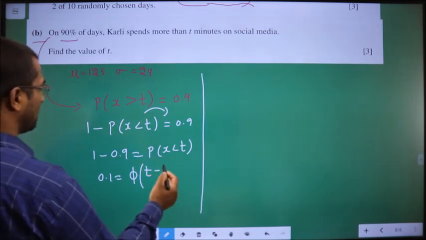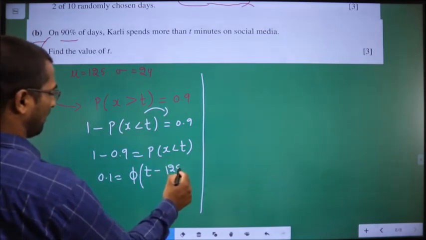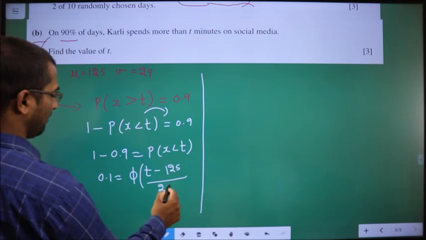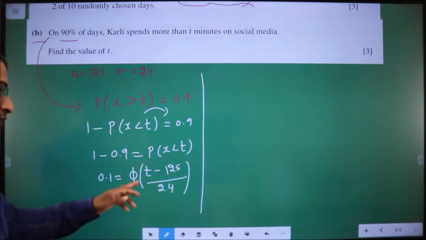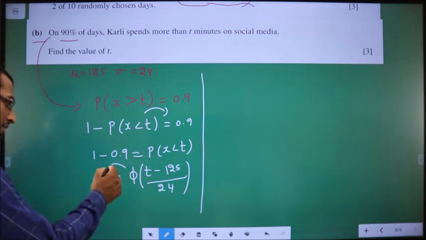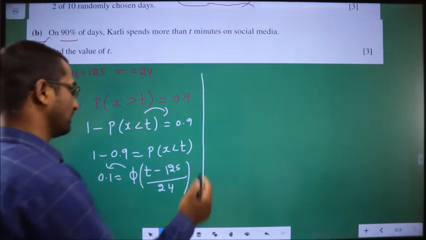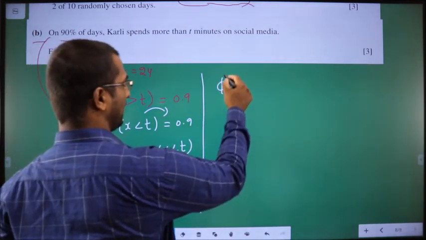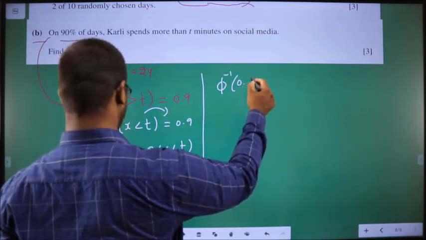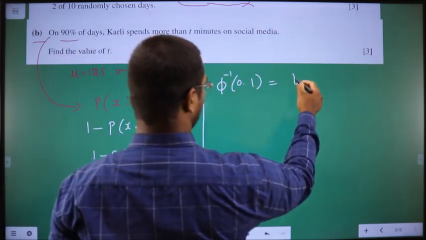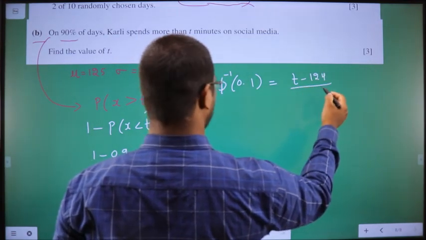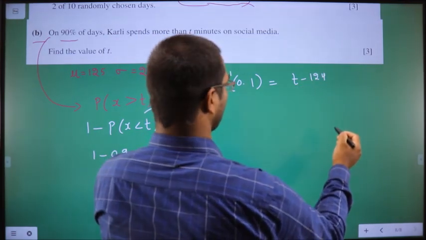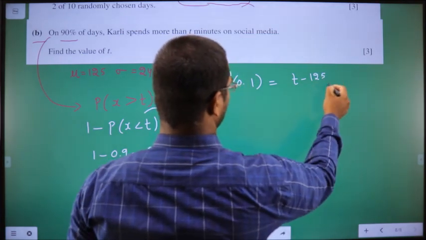T minus mean 125 by 24. Okay. Now to make T the subject, first I need to shift phi to the other side. So it will become phi inverse of 0.1 is equal to T minus 125 by 24.